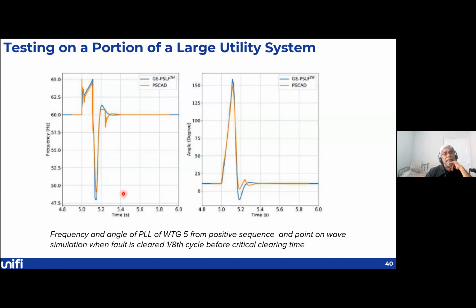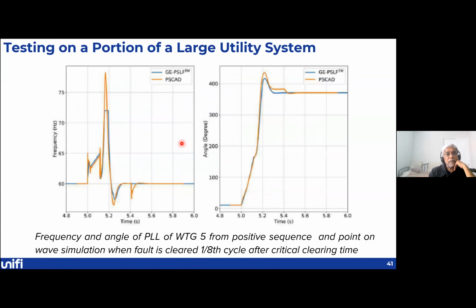And you notice that the positive sequence model maps what the full-blown PSCAD model does quite accurately. Then this is the case where the system is cleared after critical clearing time. Even in this situation, the positive sequence model is quite accurate in capturing the performance of the phase lock loop.